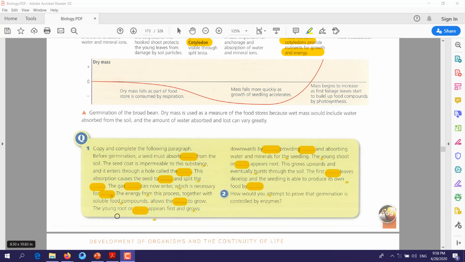The young root, or the scientific name of it, which is radicle, appears first and grows downward. Why will it grow downward? If you remember when we talked about tropism, it will grow by positive gravitropism.